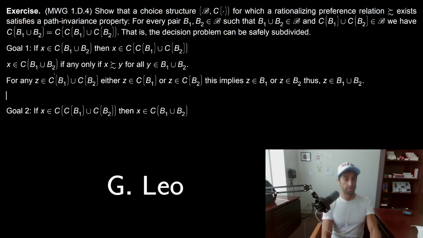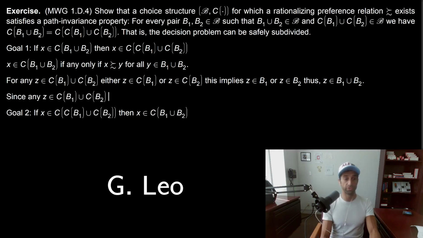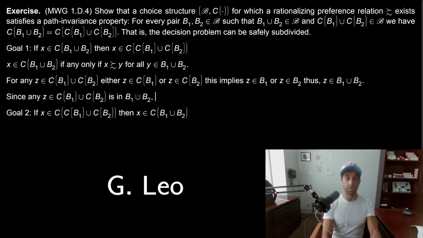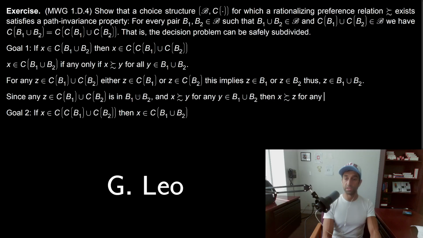So now we have, since any z in the union of the choice from B1, B2 is in B1 union B2, and x is at least as good as any y in B1 union B2, then x has to be at least as good as z for any z in that thing as well.